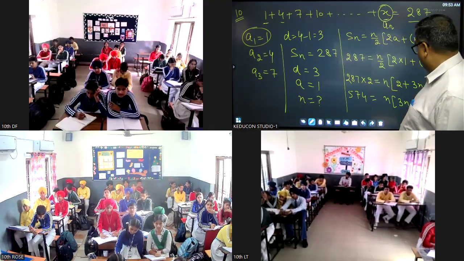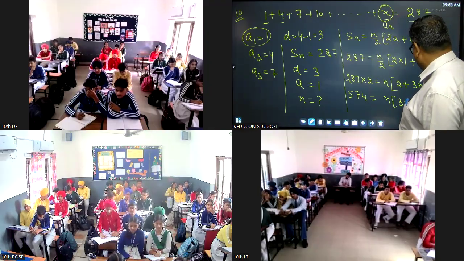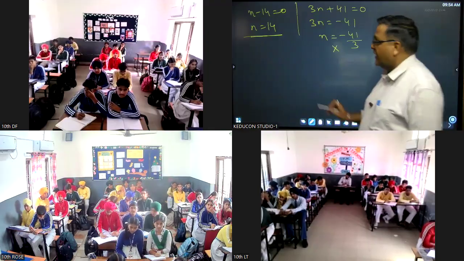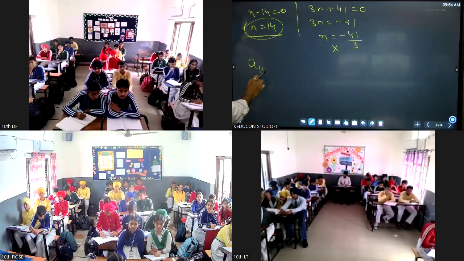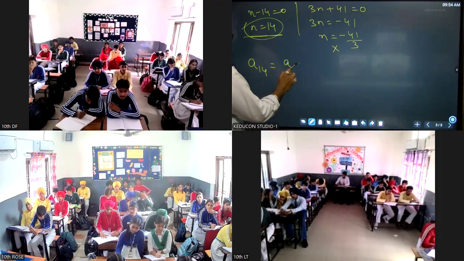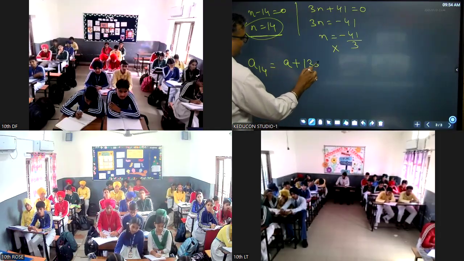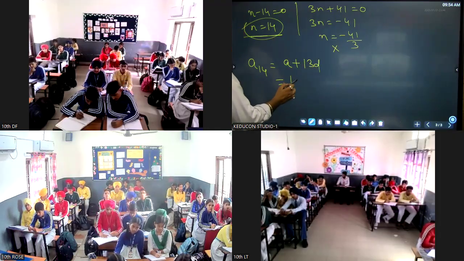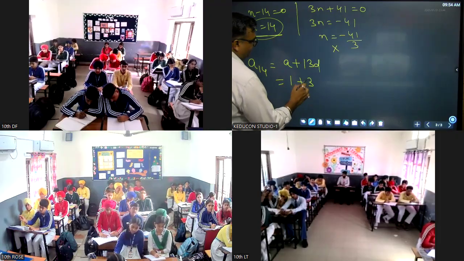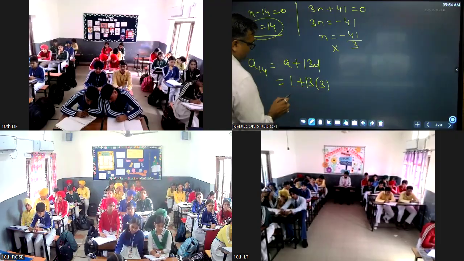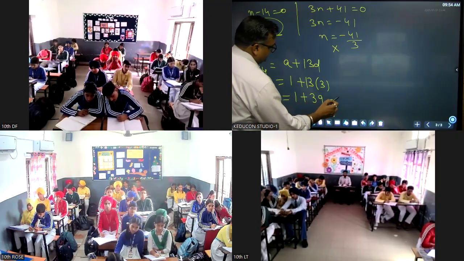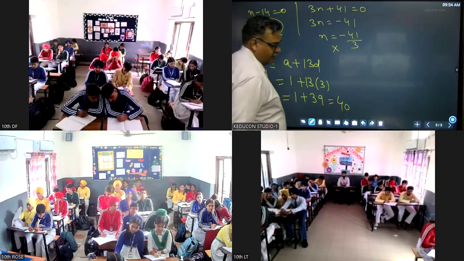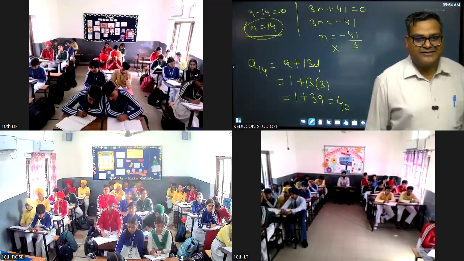So in an we have to find a for n, and we have got 14. So we have to find now a14. What will be a14? a plus 13d. What is a? 1. d? 3. So this becomes 40. So the value of x in this case will be 40.